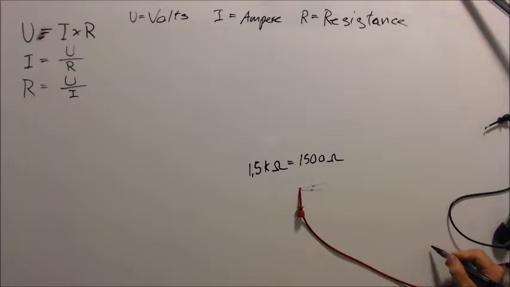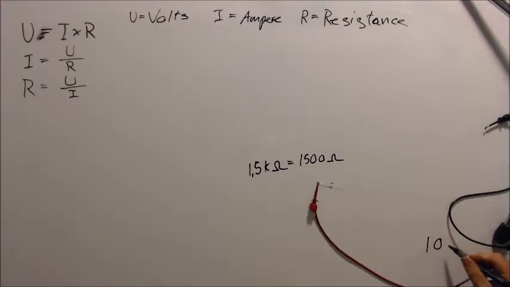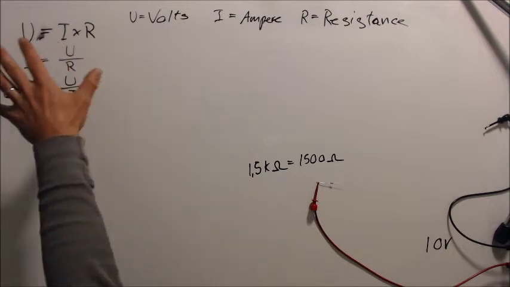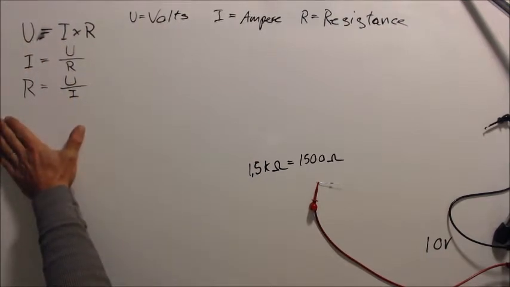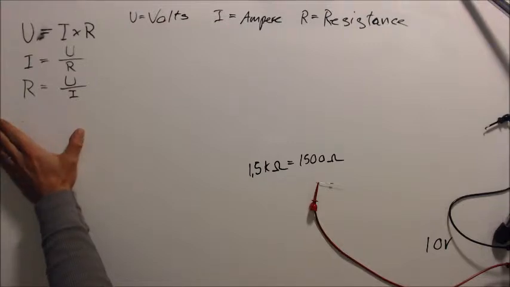Our circuit over here is going to give out 10 volts. The power supply I'm using is going to give out DC. That's a whole other thing. We're going to get into that in another video about the different kinds of power. But for now, Ohm's law is always going to stand. It doesn't matter if it's AC or DC. This is the fundamental calculation method to figure out how much you have of each.